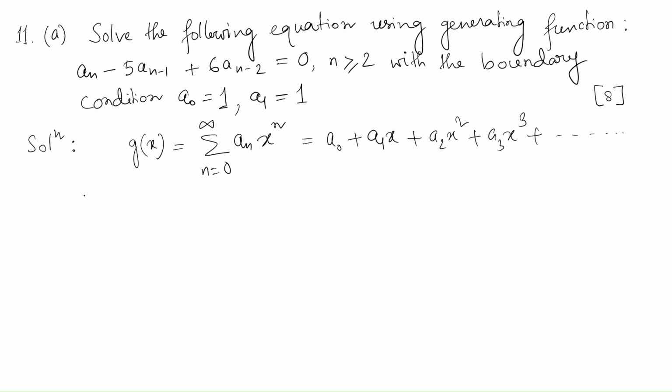Now the given equation is a_n minus 5a_(n-1) plus 6a_(n-2) equal 0. Let us take this equation as 1.